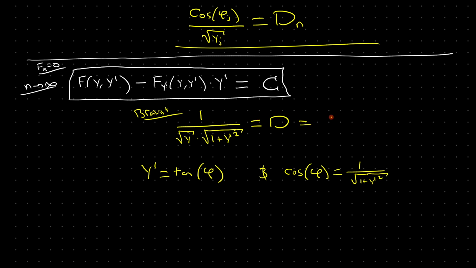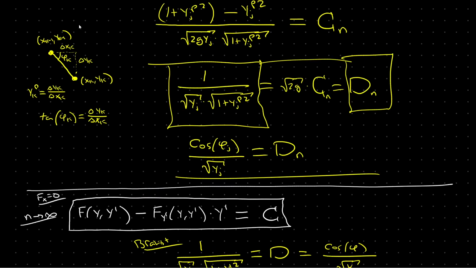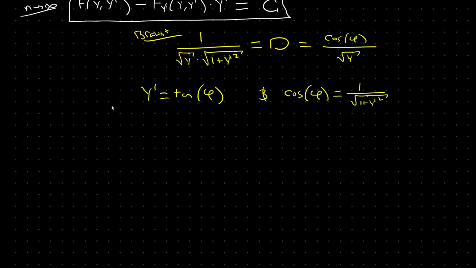So this can also be written as cosine of phi over the square root of y. It turns out that the better angle to use here, which is a little bit nicer, is not this phi k, but this angle right here, which I'll call psi k. In the limit, psi k becomes just psi of t, and this is phi of t.